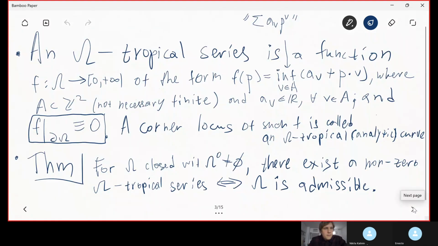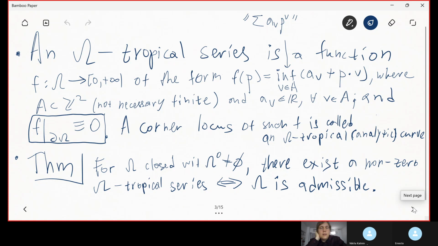Okay, so an omega tropical series is a function which takes non-negative values, and which can be written as an infimum of this tropical monomial a_v plus p times v, where v belongs to a subset A. So A is potentially any unbounded, so infinite, subset of the square.